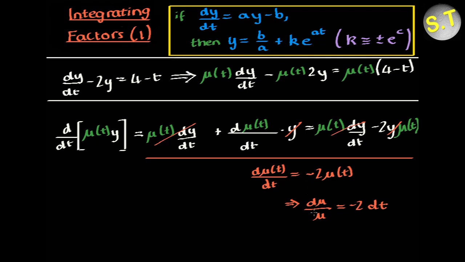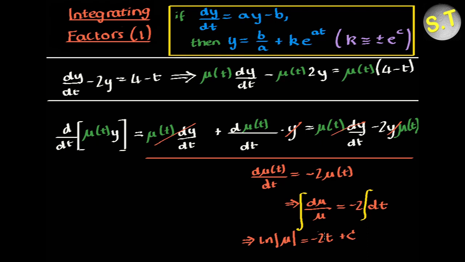So then if we integrate both sides, we have that the natural log of the absolute value of mu is equal to minus 2t plus our constant c.